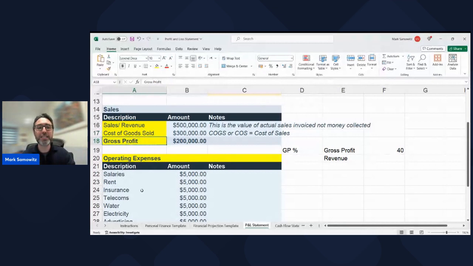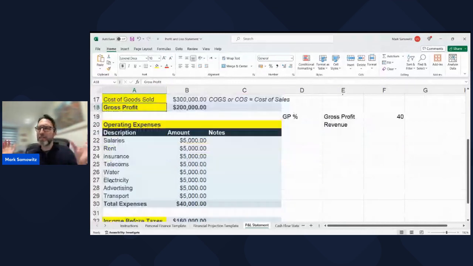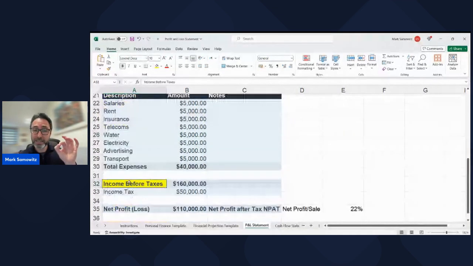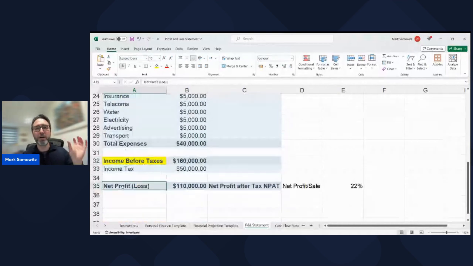All your other expenses, salaries, rent, insurance, telecoms, and more, those expenses have all been used, not necessarily paid yet, probably will be paid very soon, but doesn't mean they've been paid yet because they appear on your P&L. Just reflects that you've used that particular thing, giving you income before taxes, 160,000. We take off tax, then to get to net profit after tax.